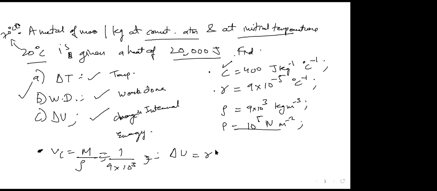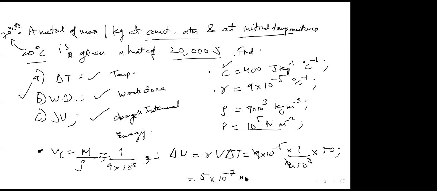Well, the change in volume is equal to original volume times gamma times delta T. डेल्टा T हमको already पता है first part से, that is 50. Gamma हमें यहाँ पे दिया हुआ है 9 into 10⁻⁵. Volume हमने निकाल दिया है 1 divided by 9 into 10⁻³, and delta T is 50. सही कर रहा हूँ ना? Yes, sir. The 9 cancels, so what do you get? You have 5 into 10⁻⁷ meter cubed. Correct?